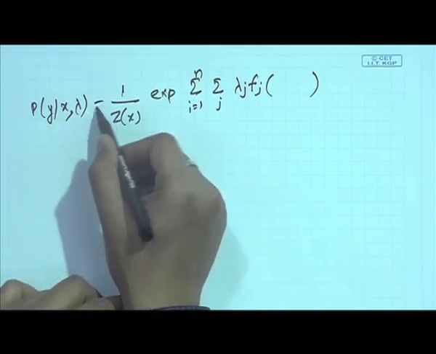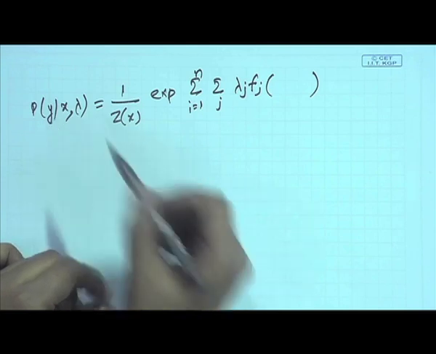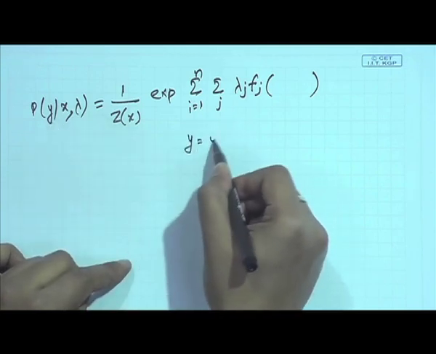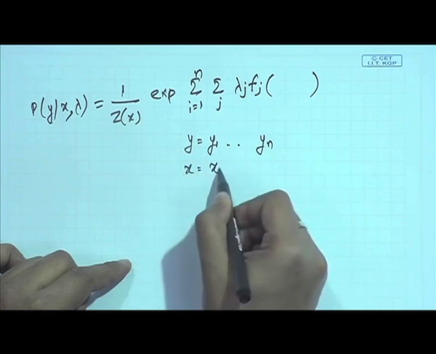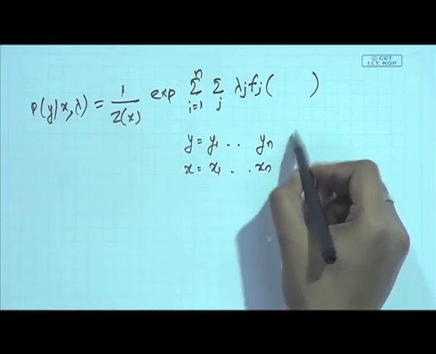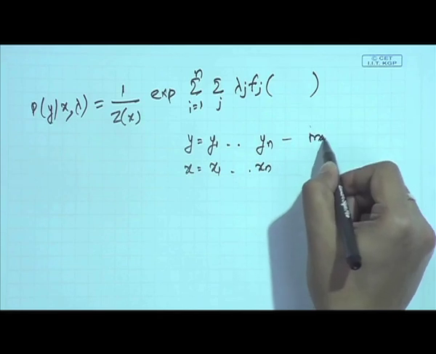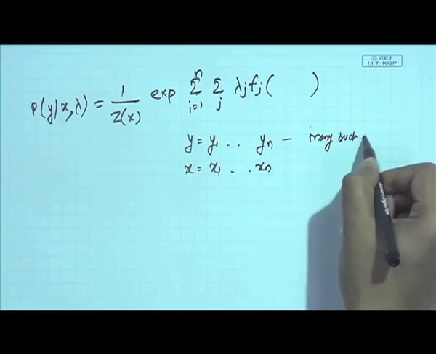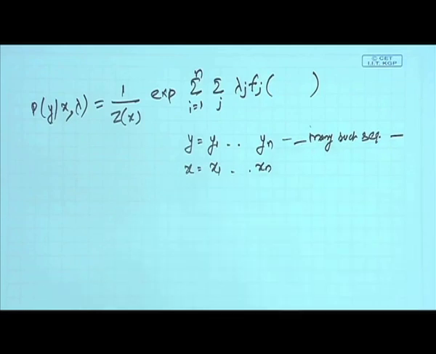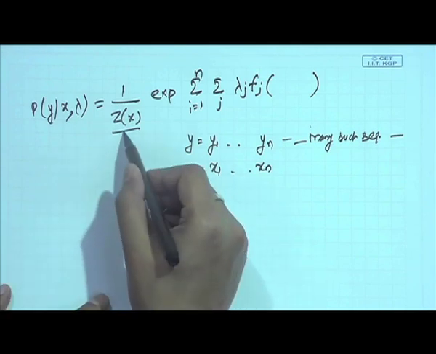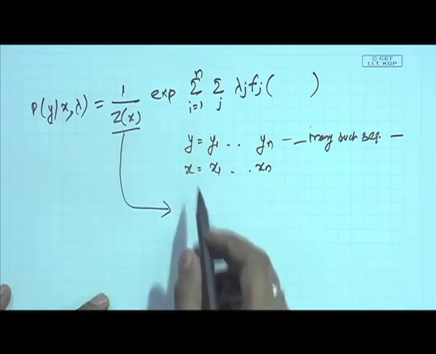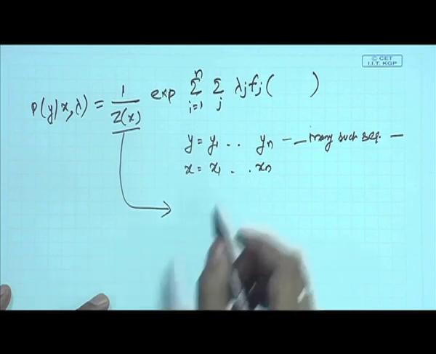Now, let us try to understand this. What do I mean by y? Y is a sequence y1 to yn, and x is the input sequence, and there are many such sequences possible. So, this is the probability for a given sequence, and this Z is a normalization that is done over all the sequences.